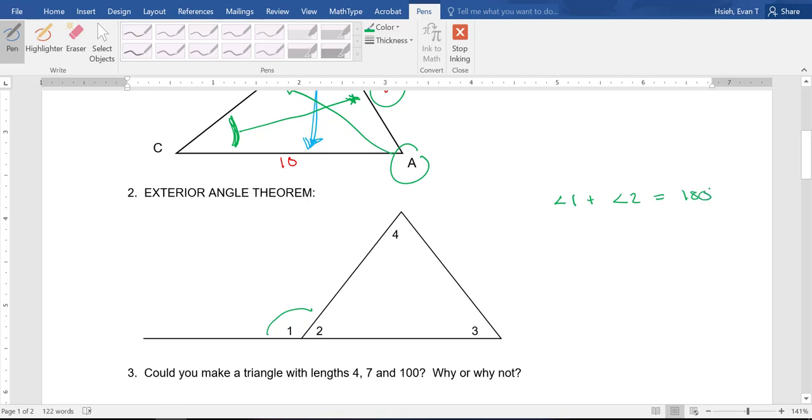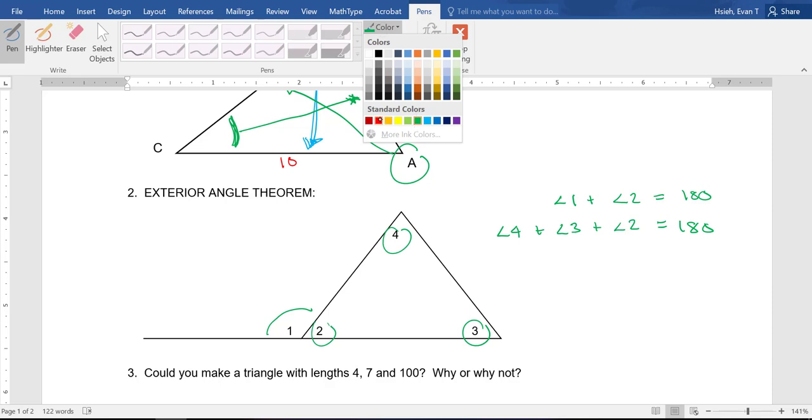And we also know that angle 2 plus angle 3 plus angle 4, the three angles of the triangle here, also add up to 180 degrees.